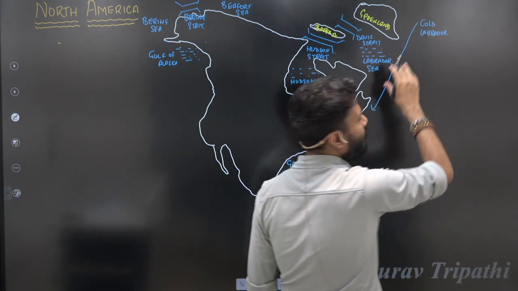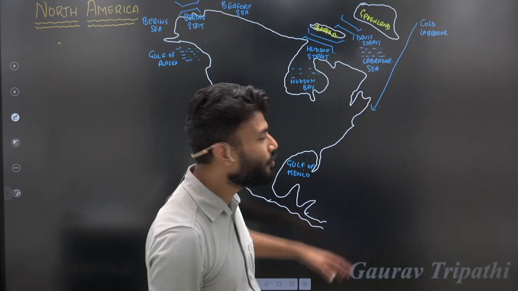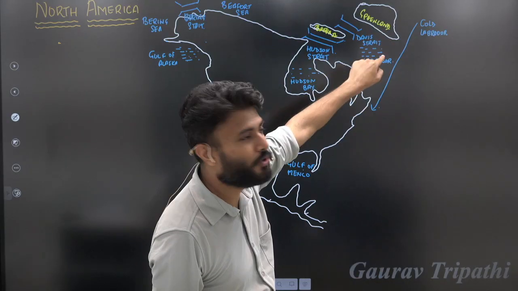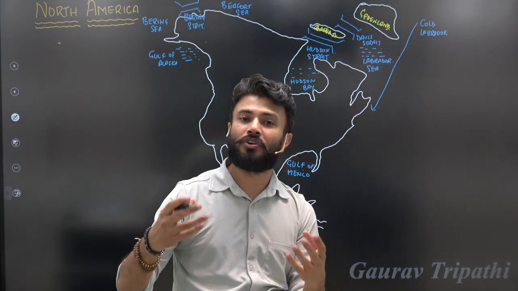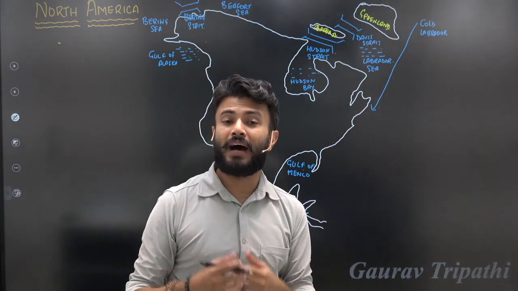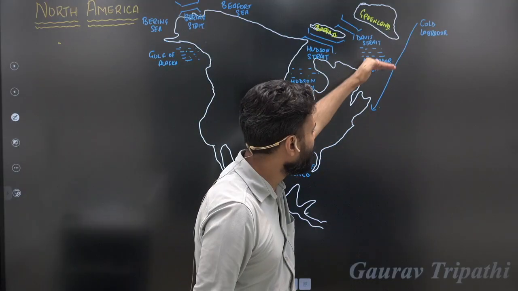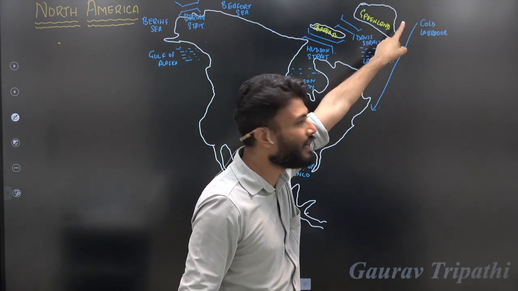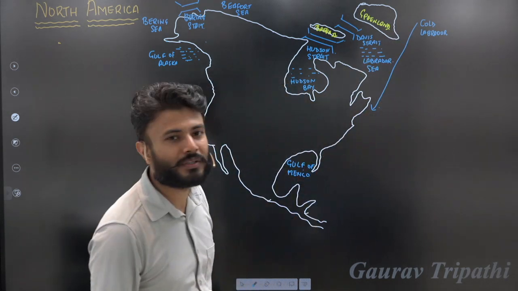This Labrador current is a cold ocean current because the water is coming from high latitude areas, which means this cold ocean current will be bringing a lot of ice along with it. So that frozen ice in the form of icebergs comes to the lower latitudes because of this cold water which is moving from the high Arctic region towards this part.